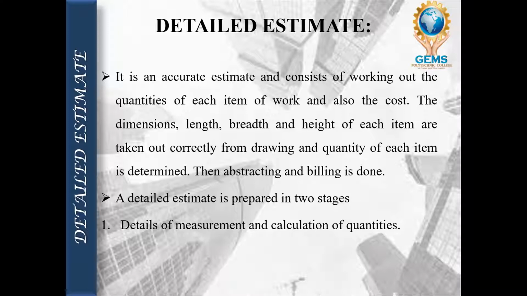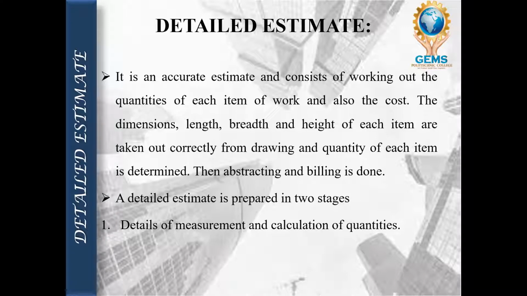Here, approximate means we can just assume and say, depending upon our judgment, experience and skill, approximately the cost of the structure. But here we are going to study in detail about each item, how much quantity we are going to use, and also the cost, right?